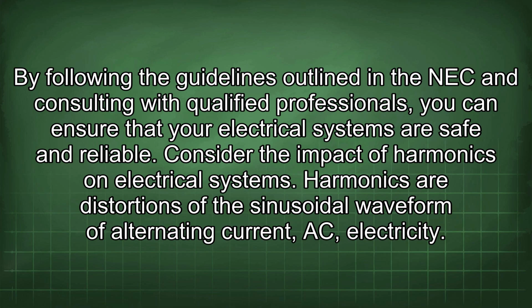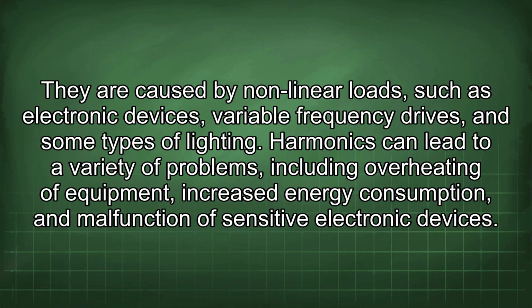Consider the impact of harmonics on electrical systems. Harmonics are distortions of the sinusoidal waveform of alternating current, AC, electricity. They are caused by nonlinear loads, such as electronic devices, variable frequency drives, and some types of lighting.